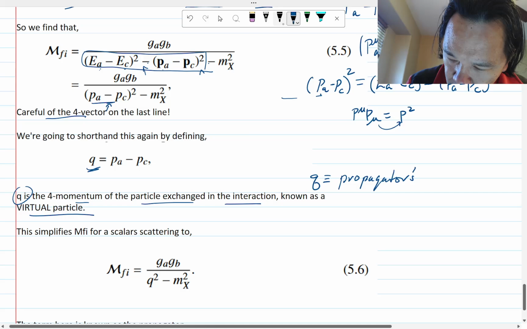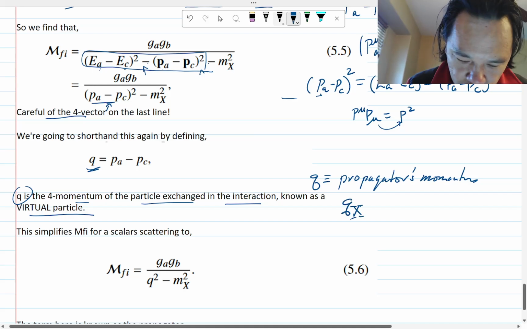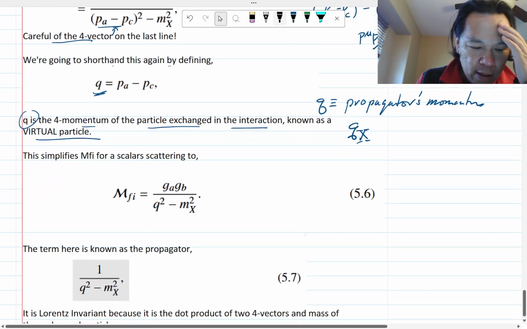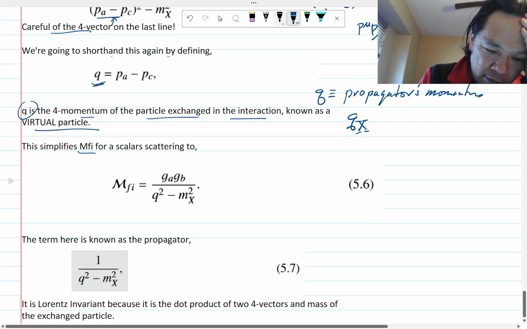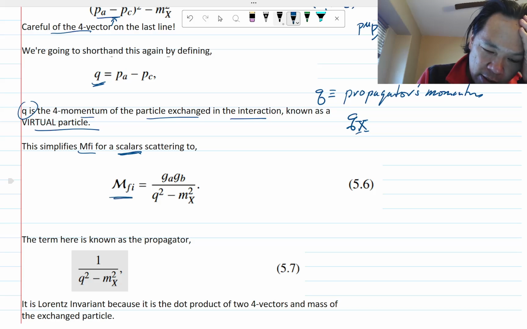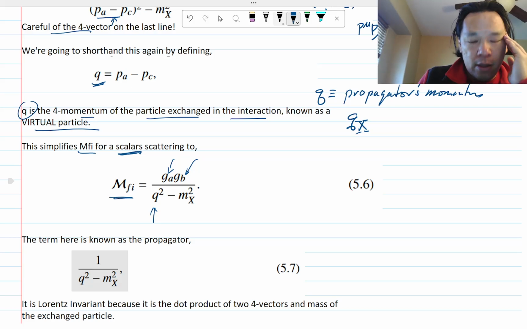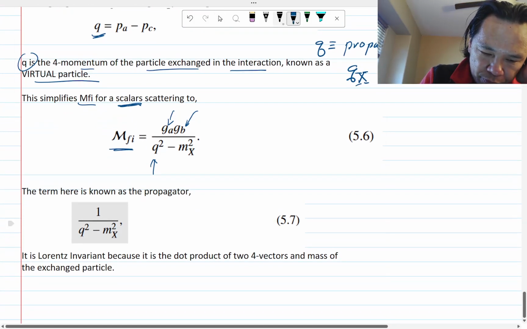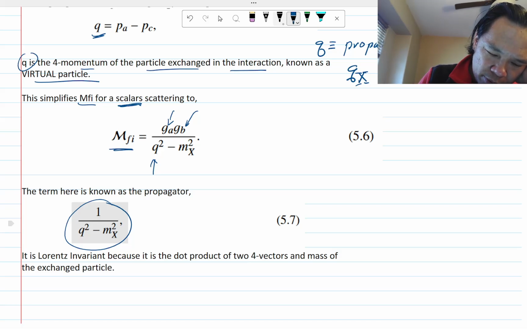It's basically the momentum of X, the 4 momentum of that particle X. So this simplifies this MFI thing for scalars at least. We're still dealing with scalars, where MFI is just these coupling constants divided by Q squared minus the mass of this inner propagator particle squared. The term 1 over Q squared minus M squared is known as the propagator itself.